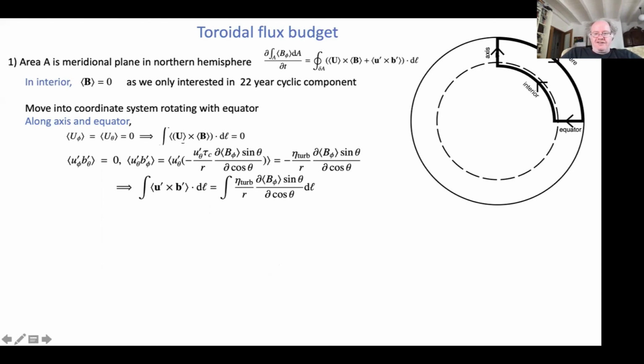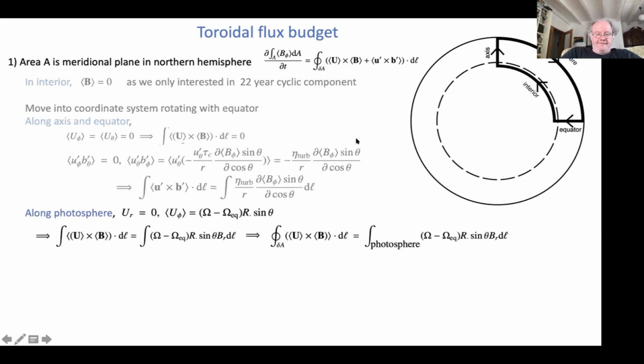The contributions from the small scale at the axis and the equator, by symmetry arguments, we can treat as a diffusivity. These symmetry arguments are basically that the effect of the Coriolis force doesn't create toroidal field exactly at the axis or exactly at the equator. Things are different along the photosphere.